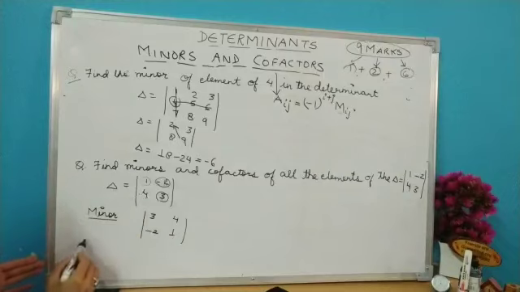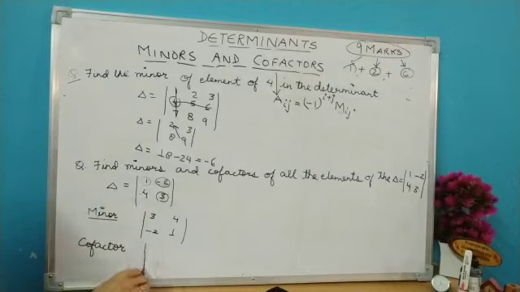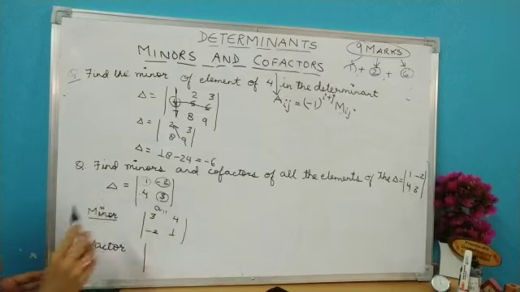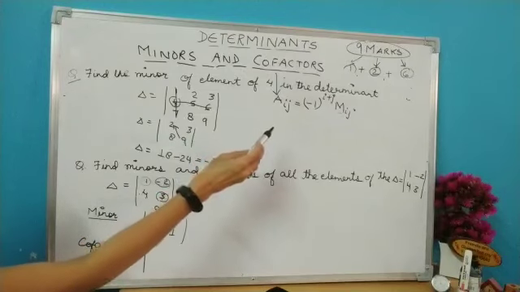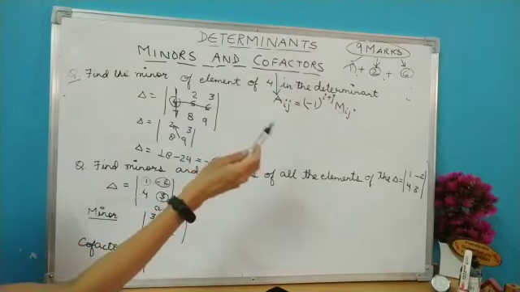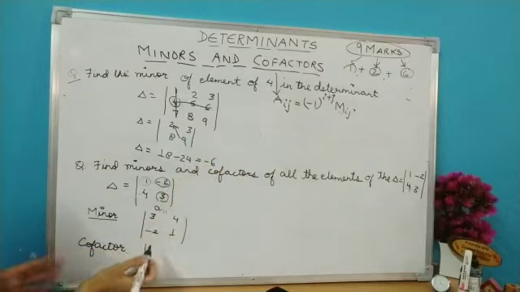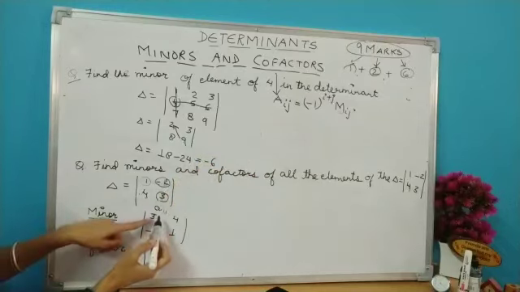Now if I want to find the cofactor, then what you have to do is go according to sign conventions. This is the element of first row and first column. That means minus 1 raised to power 1 plus 1, which gives minus 1 squared, a positive sign. So you do accordingly.